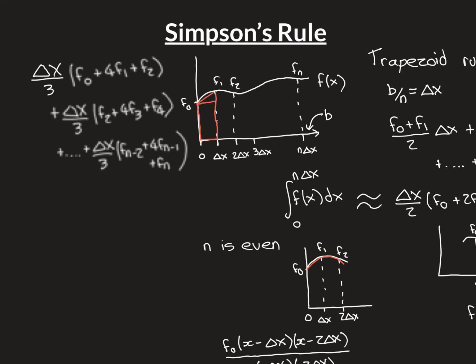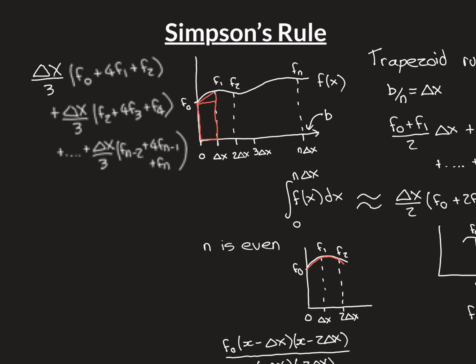And what we have done so far is we've divided our interval from 0 to b up into little n pieces where little n is even, and we have taken the first 2 of these pieces, we've produced a quadratic interpolation approximation for the function, and then we've integrated that to get an approximation for the area underneath our original f of x, which is the area underneath the curve of the quadratic interpolation. And we know that that value is given by this here, delta x over 3 times f0 plus 4f1 plus f2.